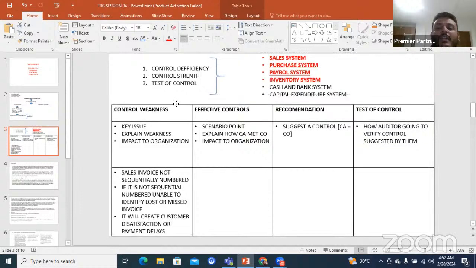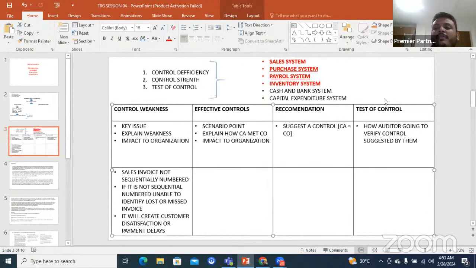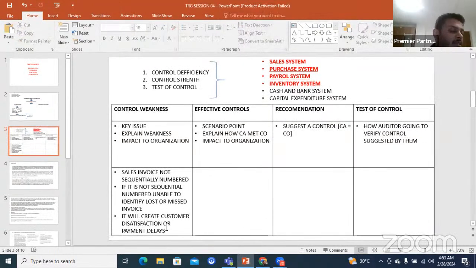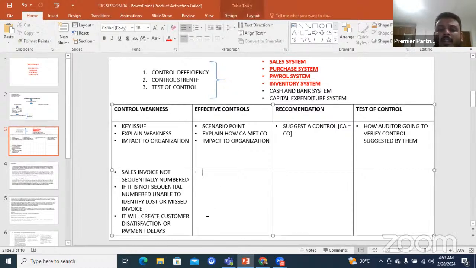If you are unable to identify any missed sales invoices, definitely it will create customer dissatisfaction and payment delays. Suppose an invoice is missed from your end, how are you going to identify it? So all these create delays that affect the organization. Don't forget these 3 steps when you are writing control weaknesses, right?